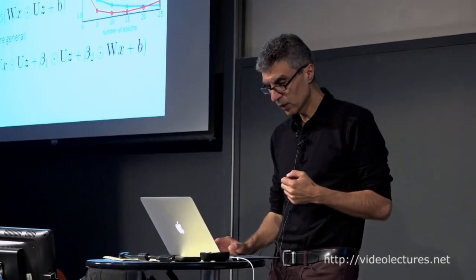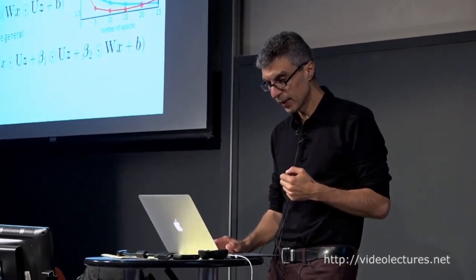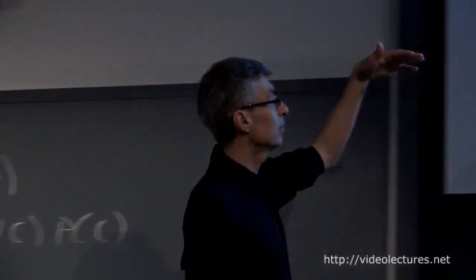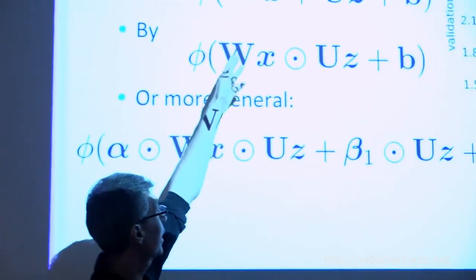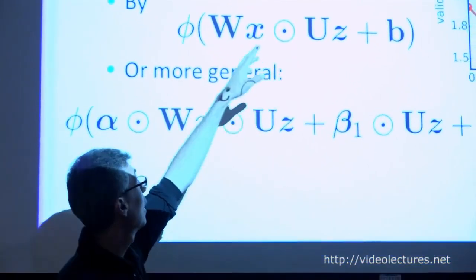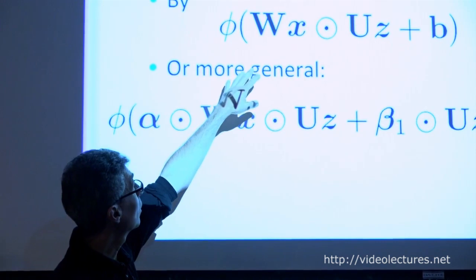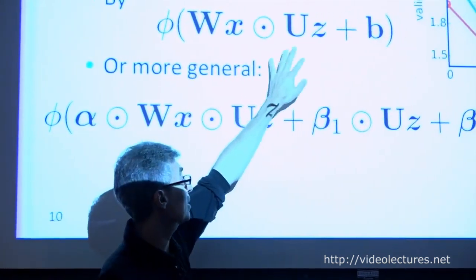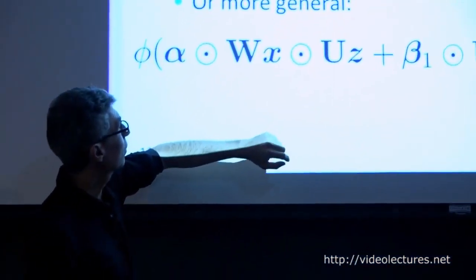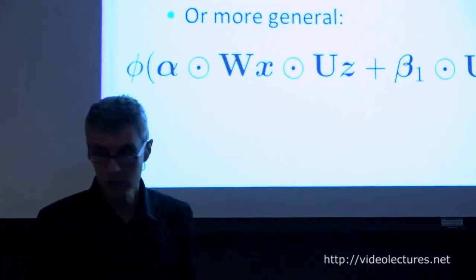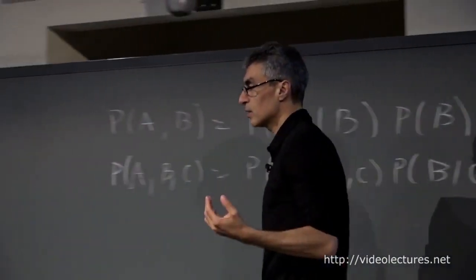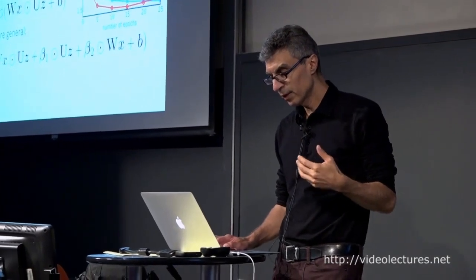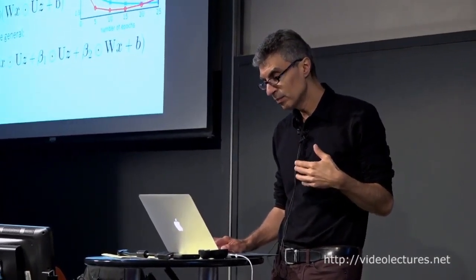Okay, other kinds of games that can be played: instead of having the usual sort of vanilla neural net architecture like this, where you have an affine transformation of the input and of the previous state, we can have multiplicative interactions between the input side and the previous state side. And then you can have other variations on that. So this actually increases the expressive power of recurrent nets without requiring deeper computation.